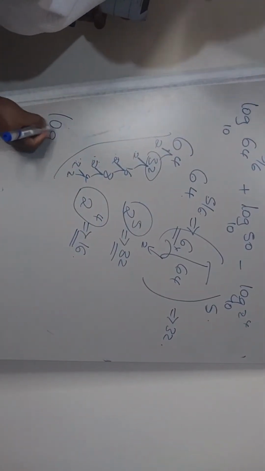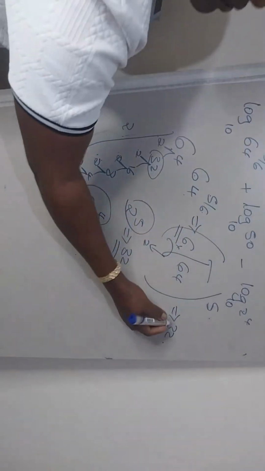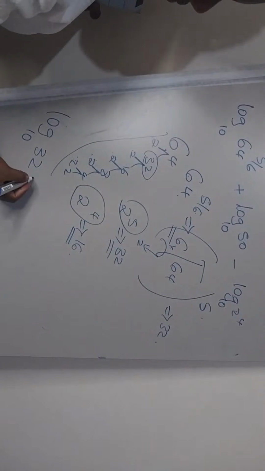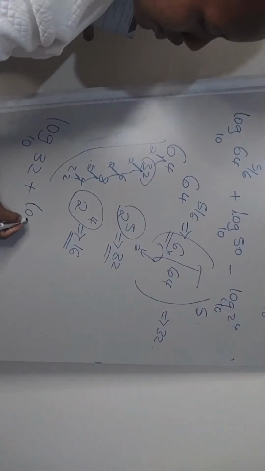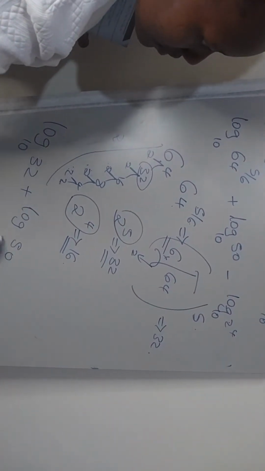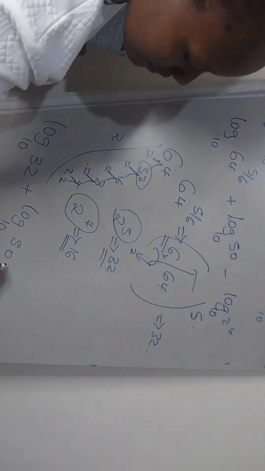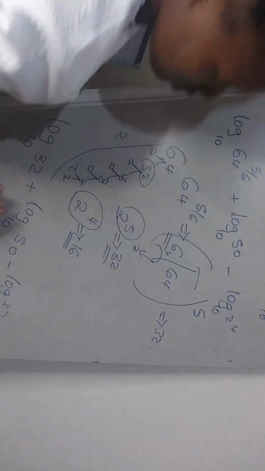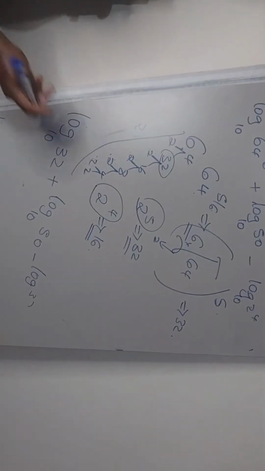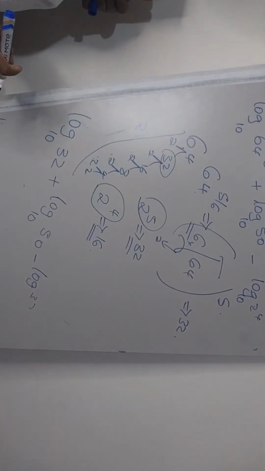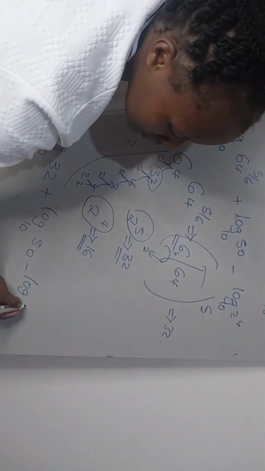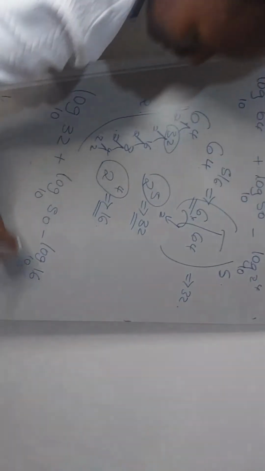Log 64 to power 5/6, you have gotten it is log 32 to base 10 plus log 50 to base 10 minus log 2 to power 4, which is 16. Have we really replaced accordingly? Good. Log 16 to base 10.